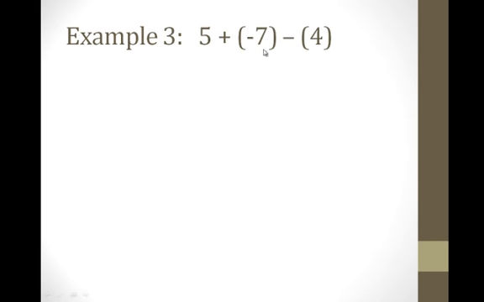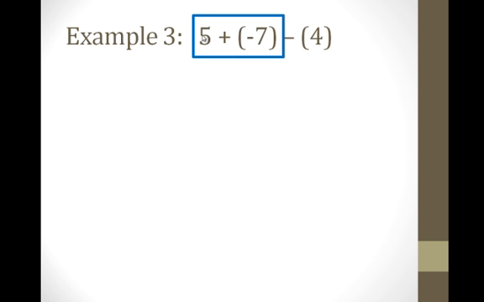Okay, so now we're getting a little bit longer here. Remember that when we have questions like this, we have to go left to right. So I'm going to take the first 2, and I see it's 5 plus -7. It's a plus now, so I don't have to do any changing. I'm just going to use rule 1 or rule 2 of my addition rules.